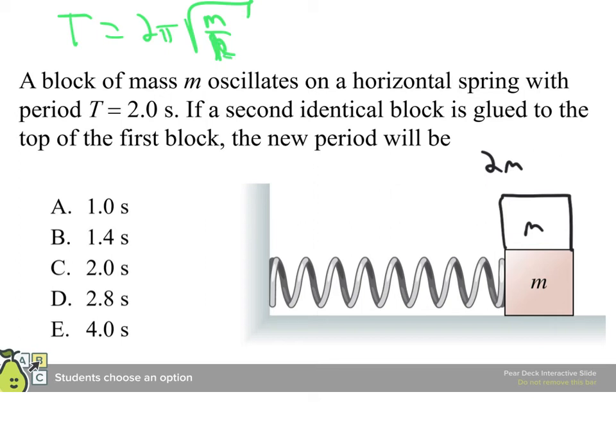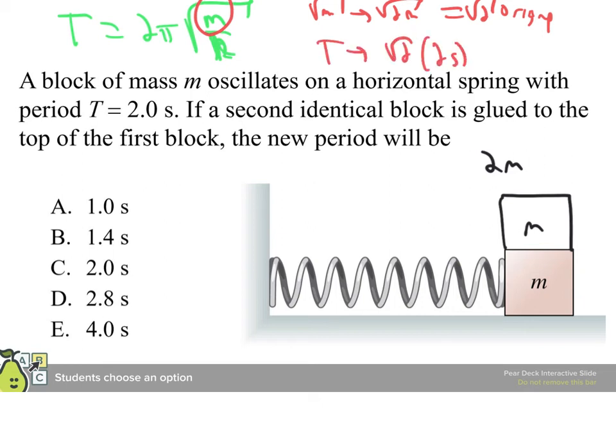If I double this, then square root of m becomes square root of 2m, which is root 2 times the original. So our period becomes root 2 times the original. Root 2 is about 1.4, and twice that would be 2.8.